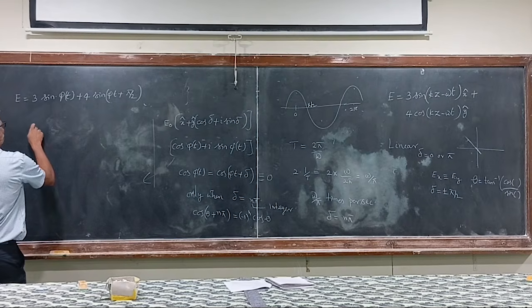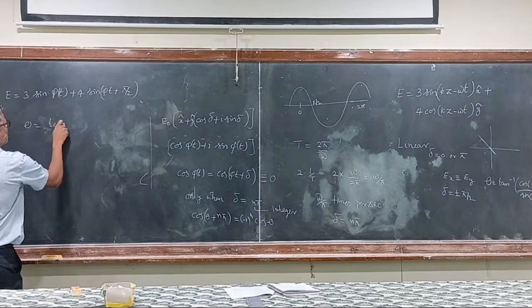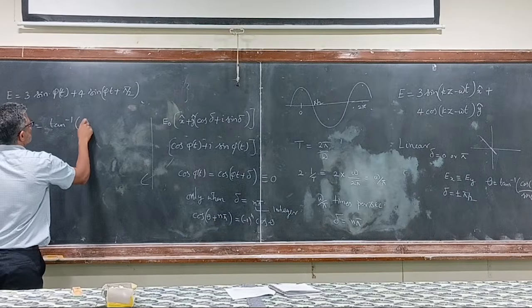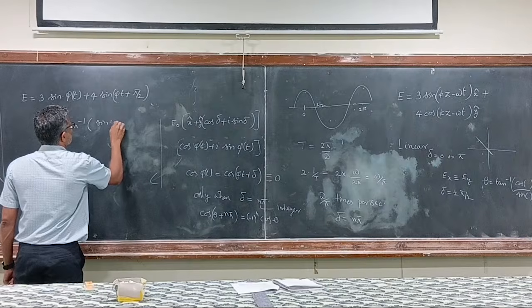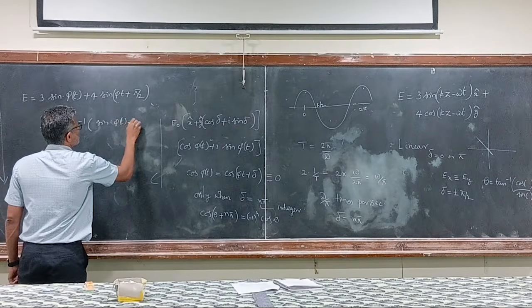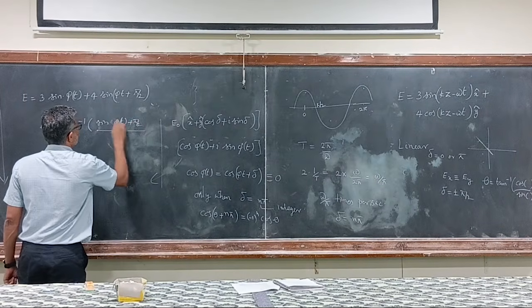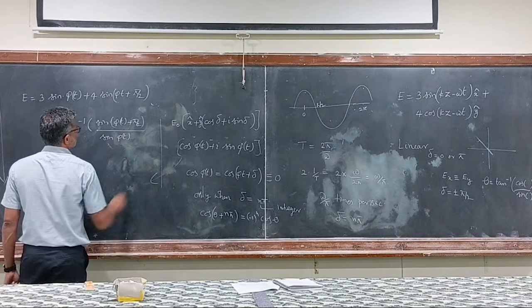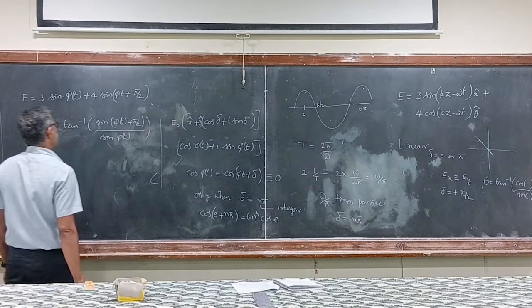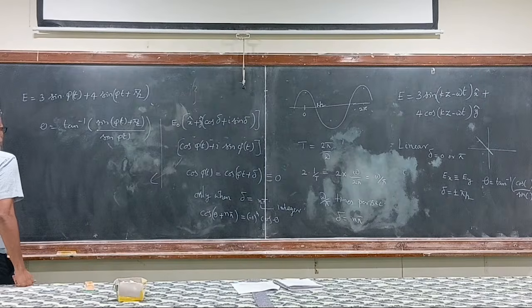So then what will happen is you have theta equal to tan inverse of sine phi of t plus pi by 2 whole divided by sine phi of t. And it's going to be cos by sine. Cos by sine will be cot. So tan inverse of tan.